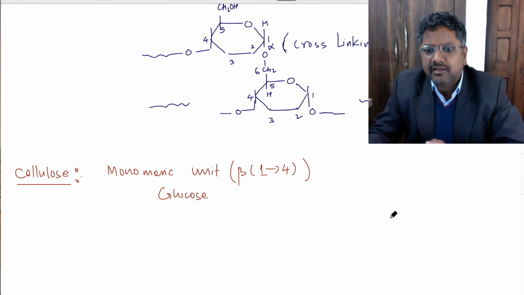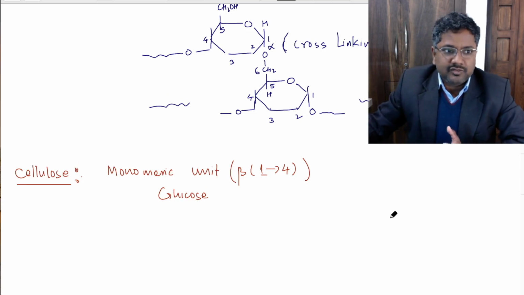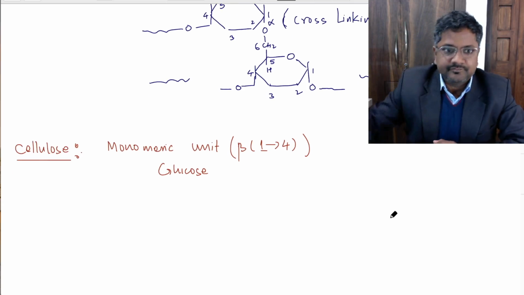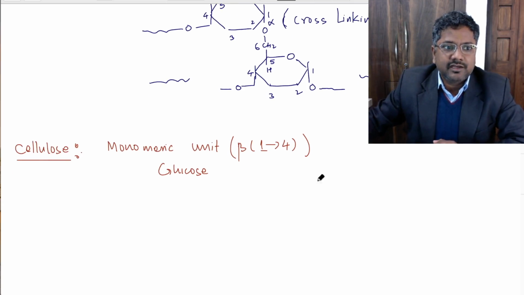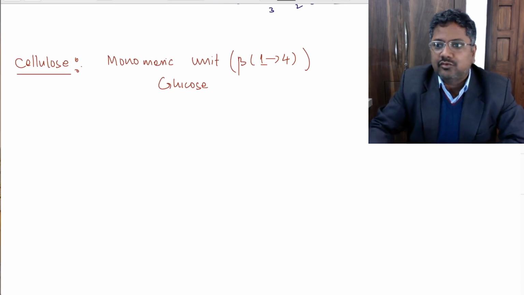This is a simple polysaccharide because it is linear, right? So this is linear. So you can show it like this: beta 1,4 glucose.